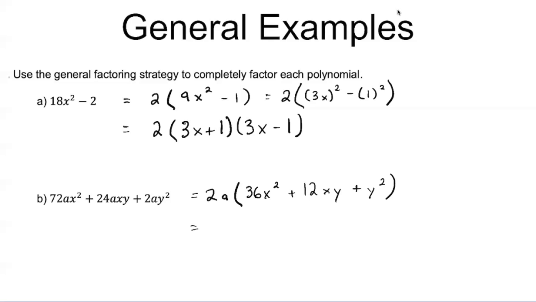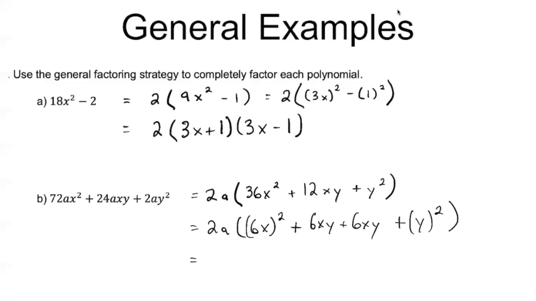So I still have the 2a. And technically what I have, if you think of it in this way, I have 6x all squared plus 6xy plus 6xy plus y all squared.